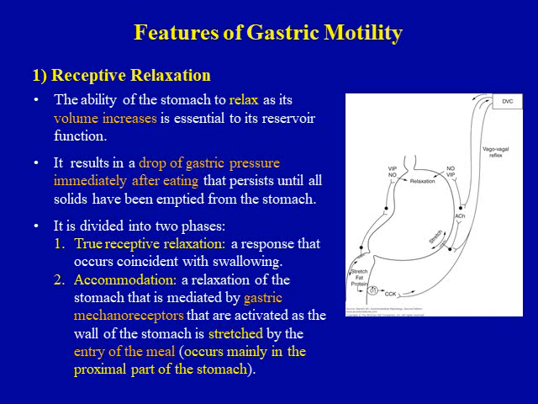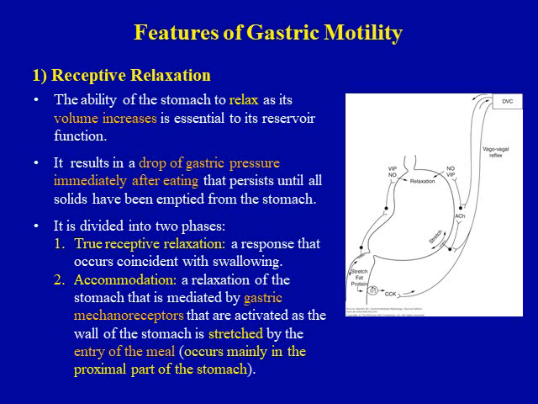The other phase of receptive relaxation is accommodation. It is the relaxation of the stomach that is mediated by the presence of the food bolus in the stomach, which will stimulate mechanoreceptors in the wall of the stomach by stretch, and this will lead, through local, short, and long central reflexes, to the relaxation of the muscles in the wall of the stomach.